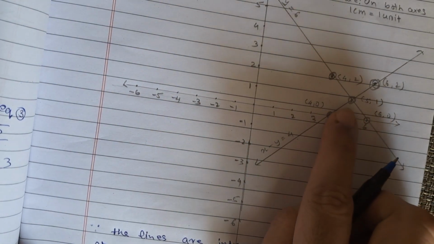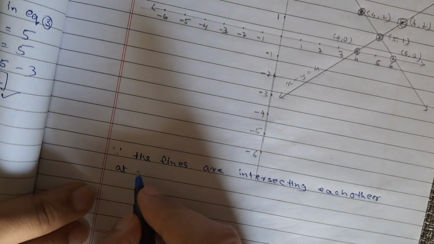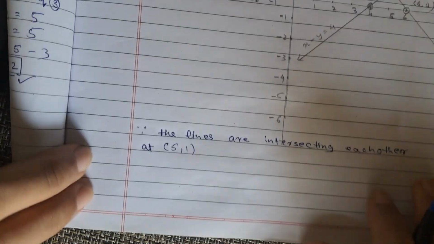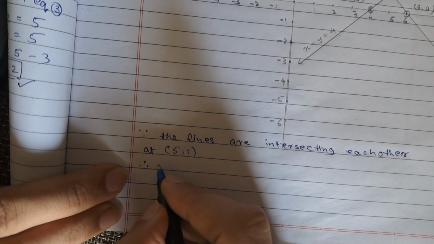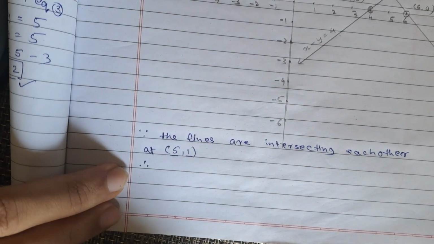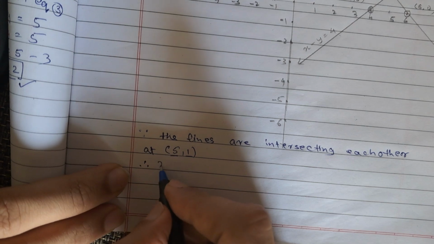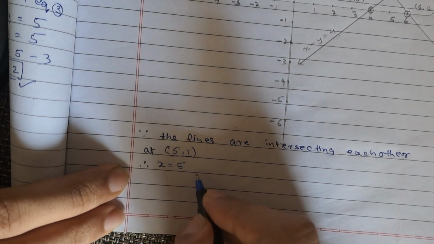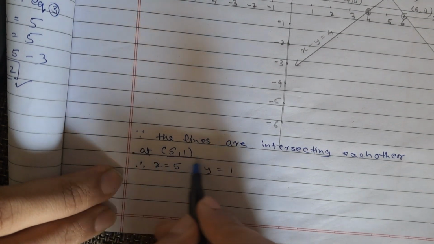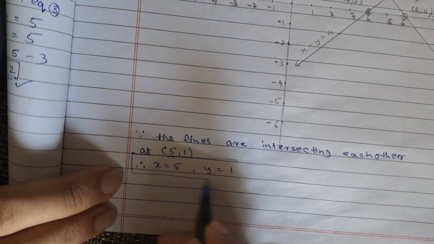It is intersecting each other at 5 comma 1. So that means, therefore this is your position for x and this is your position for y, isn't it? So that means your x value is 5 and y value is 1. And finally you have the answer for x and y using the graphical method.